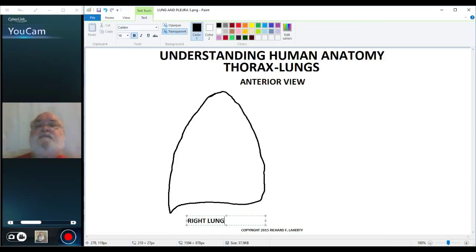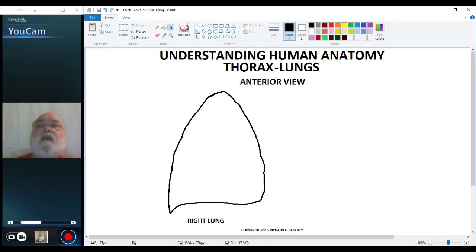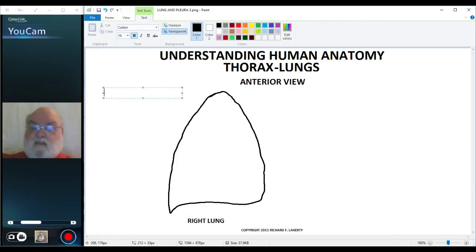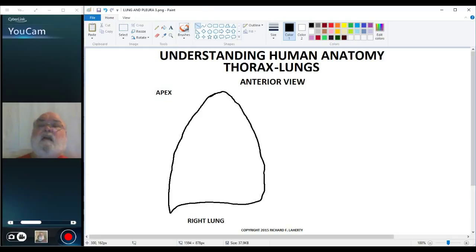And like all pyramids, it has a pointy top, the apex, and it has a broad bottom, which is called the base.